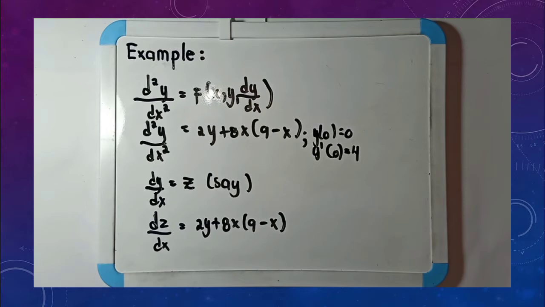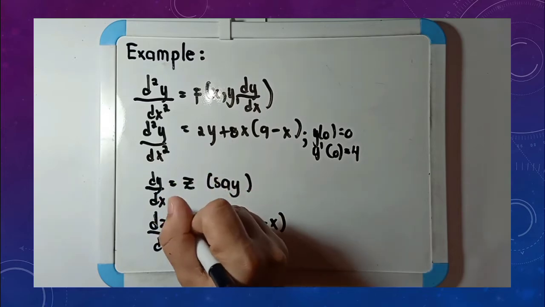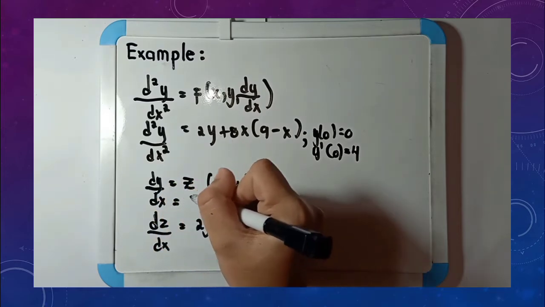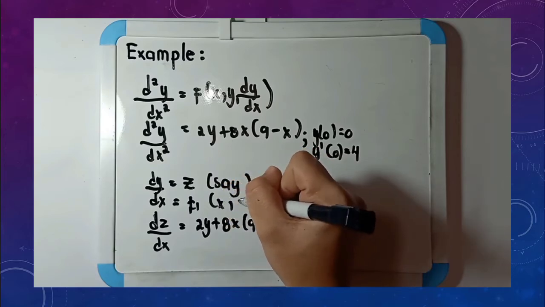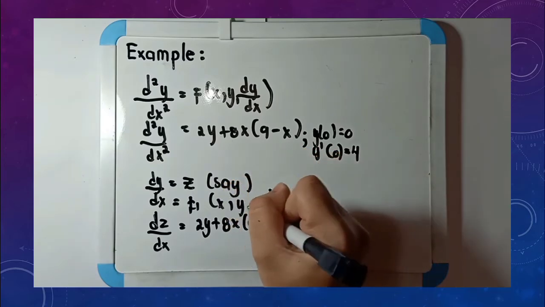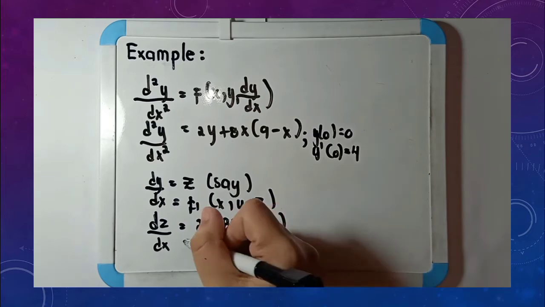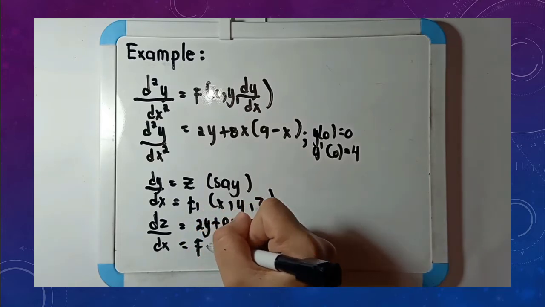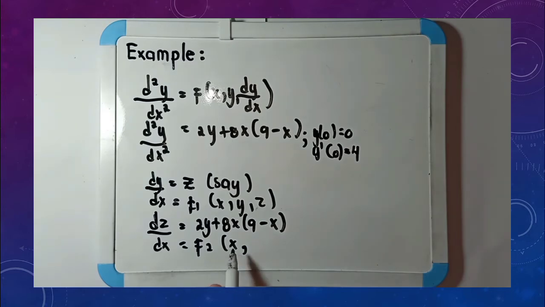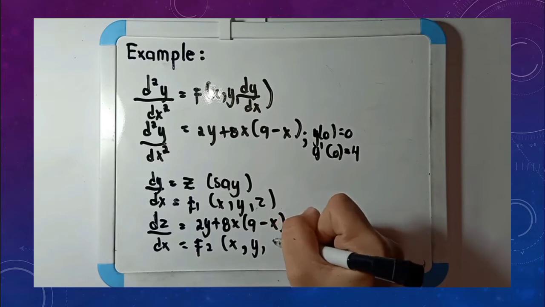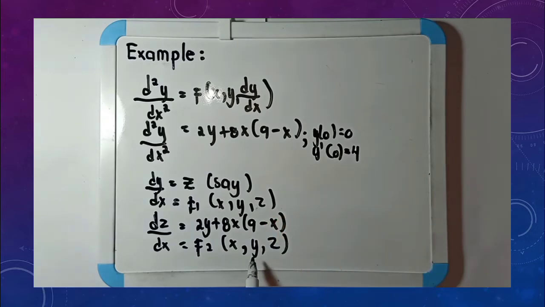So this is the first function f sub 1 of x, the independent variable, and the two dependent variables, y and z. On the other hand, this will be a different function, f sub 2, still a function of the independent variable x and the two dependent variables y and z.